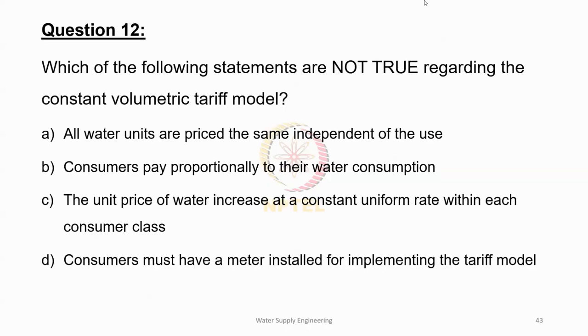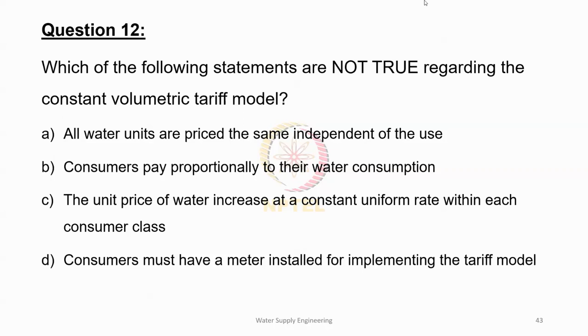Coming to question number 12, which of the following statements are not true regarding the constant volumetric tariff model? Option A, all water units are priced the same independent of the use. Option B, consumers pay proportionally to their water consumption.